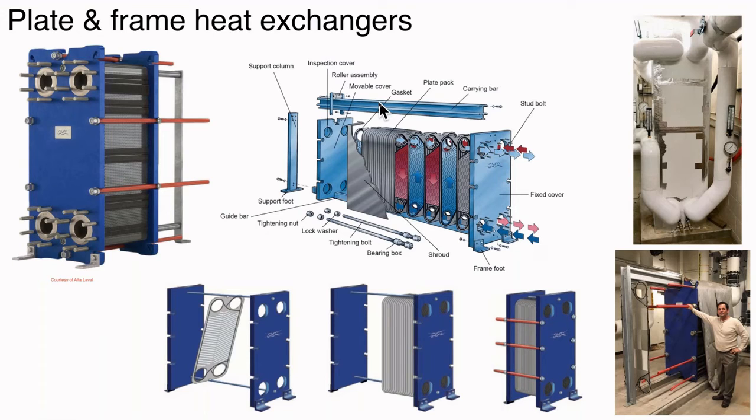There are bolts, tightening rods actually, that go through the plate all the way from the back to the front. You can see them there. And the nuts on these are going to be torqued down to specific torque settings, and that creates a pressure tight assembly. Now, the nice thing about these is that they can be disassembled if necessary.